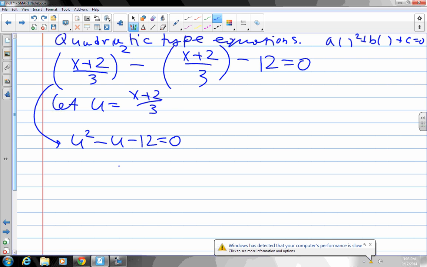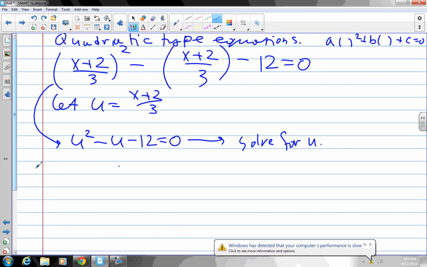So it just becomes u squared minus u minus 12. Okay? So I made my equation a lot simpler. And then I'm just going to solve for u as an intermediate step. Just forget about x, just solve that equation that's in terms of u. That's factorable, right? I can factor that very easily.